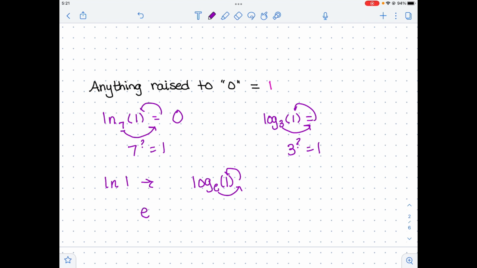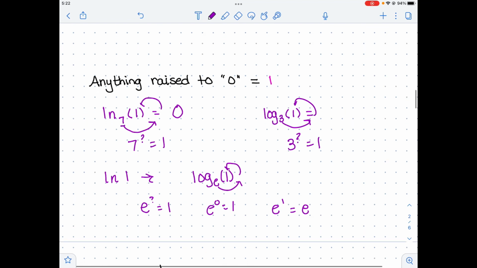Well, if e raised to something equals 1, the only thing to make it 1 would be 0. This is the same thing as saying e to the 0 equals 1. And we know that e to the 1 equals e. So know those differences and kind of what they mean. Don't get so wrapped up in that it's a different form. You know these exponent rules.